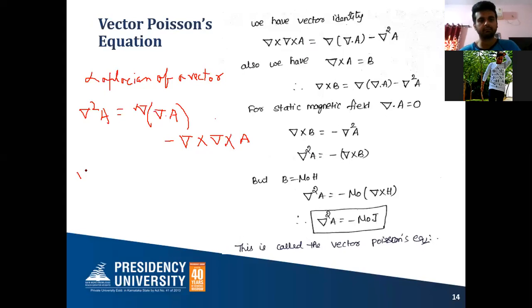So del square A equals del into del dot A minus del cross B.